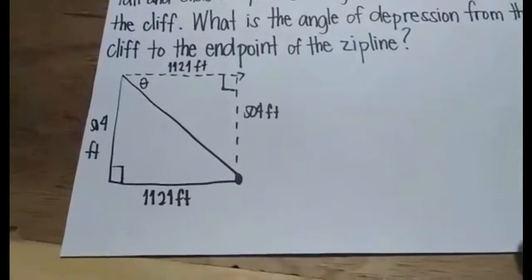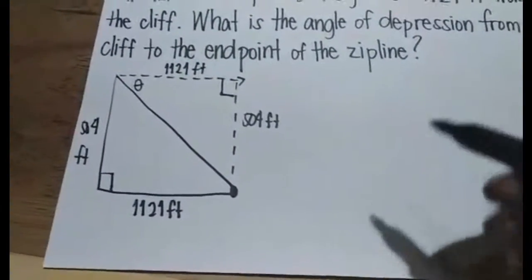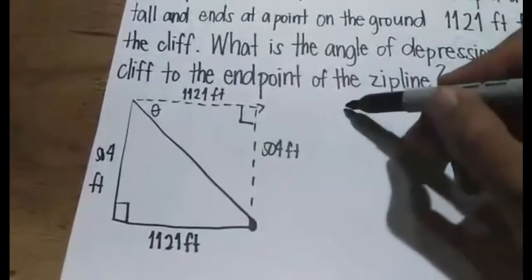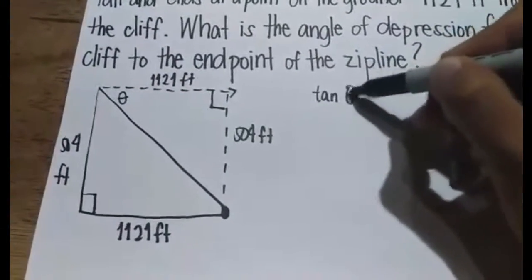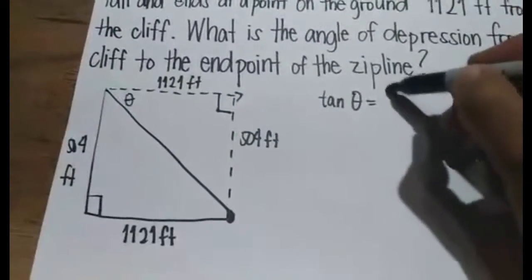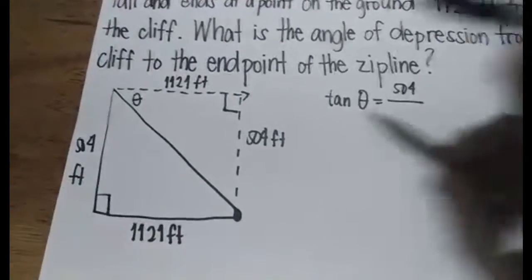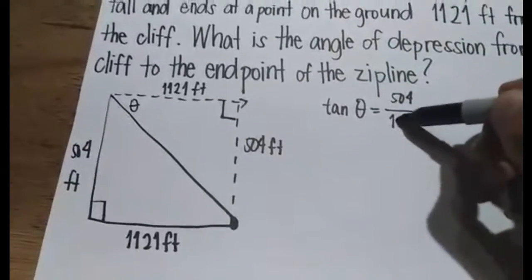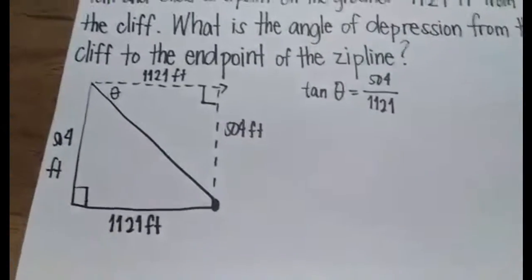Now, using the definition of trigonometric functions, we can say that tangent theta is equal to its opposite side 504 over 1121, which is its adjacent side.